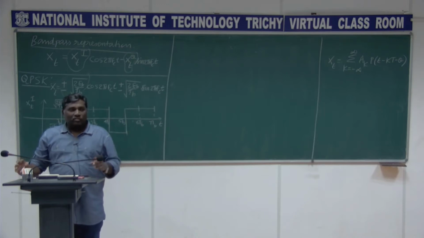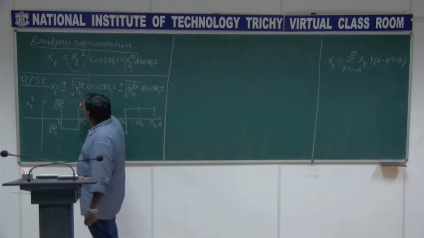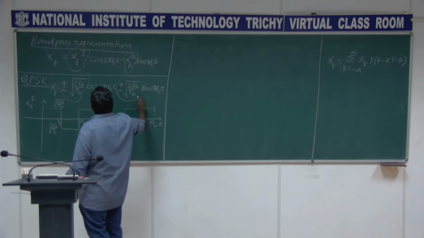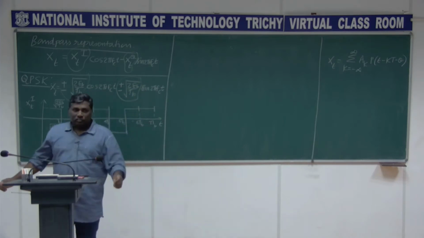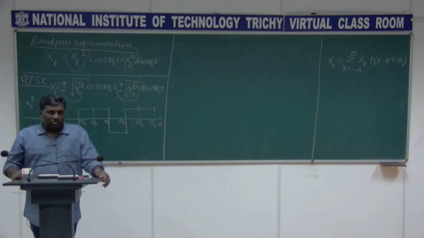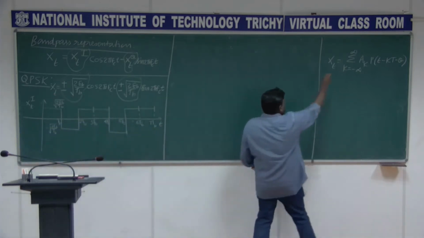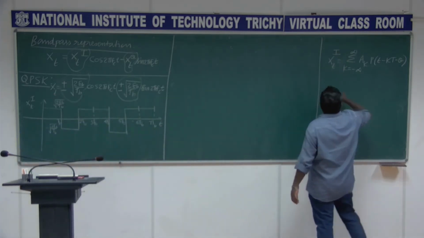So you have this plus or minus x_I(t). In fact, this is just to make you understand what values it takes. Strictly speaking, what is my x_I(t)? This is my x_I(t), nothing else, right.